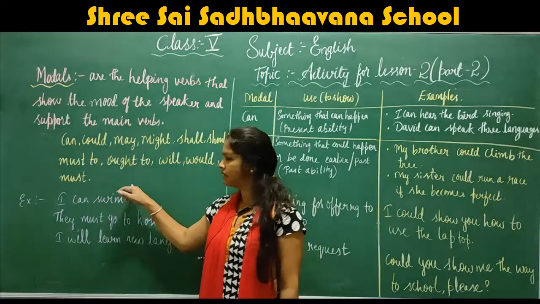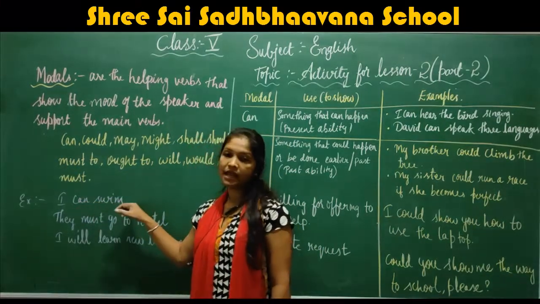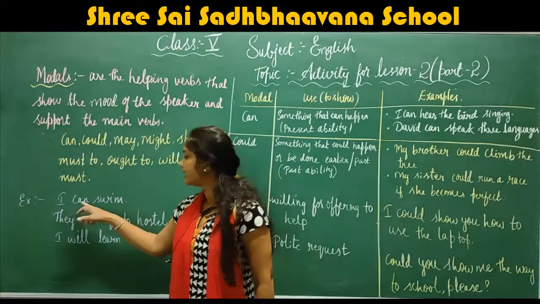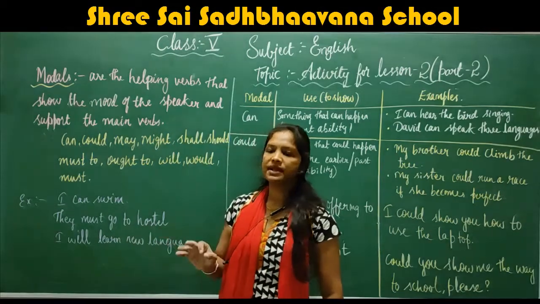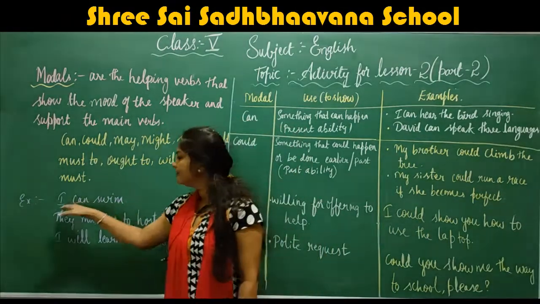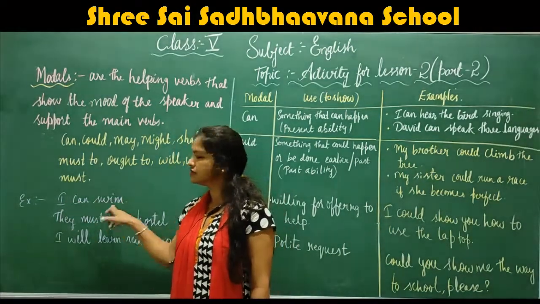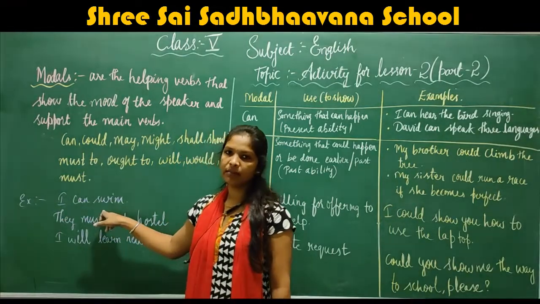Here swim is a verb, and can is acting as a helping verb for the verb swim. If I write it as I swim, then it is present time. But when we use it as I can swim, this sentence is known as a sentence having a modal auxiliary verb.